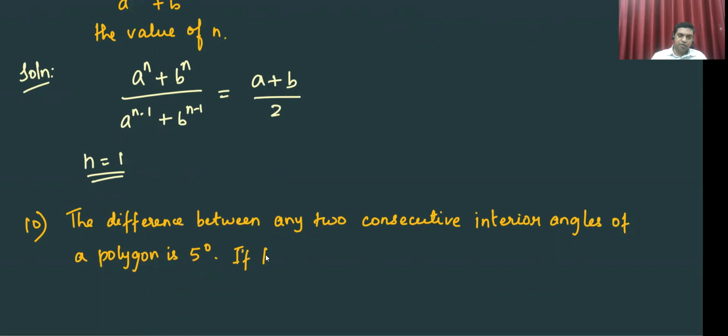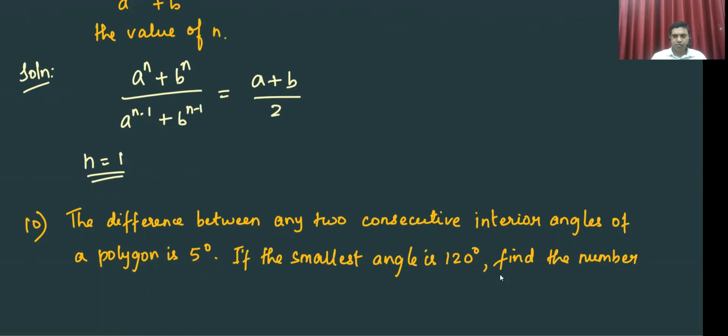If the smallest angle is 120 degrees, find the number of sides of the polygon.